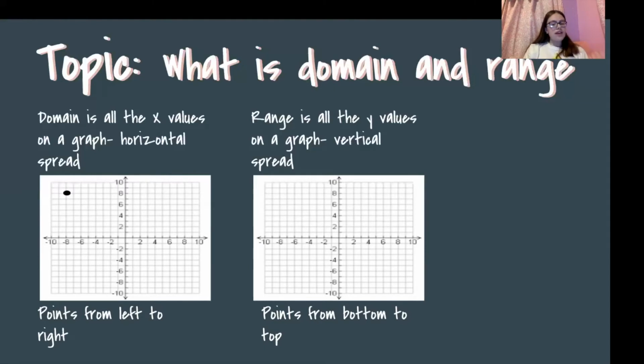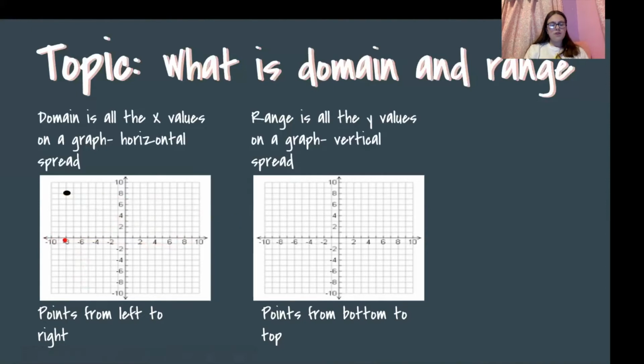The x value is -8 because that is how it is in the coordinate points, and then the y value is 8. Another way is just from left to right, where is it? Left to right, it's -8.